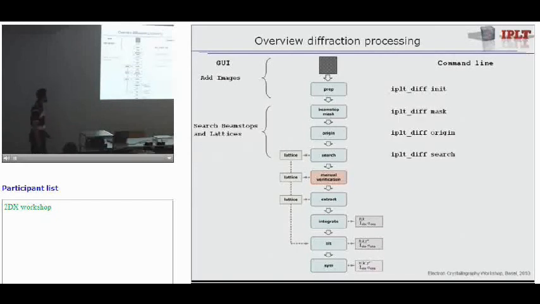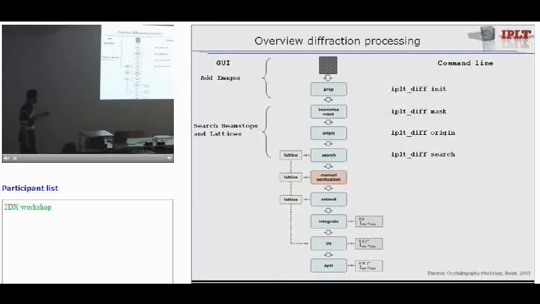The next part deals with finding the beam stop, finding the origin and finding the lattice. In the graphical user interface, these are put together into one procedure, but you can also, either on the diffraction pattern page or on the command line, run them step by step.